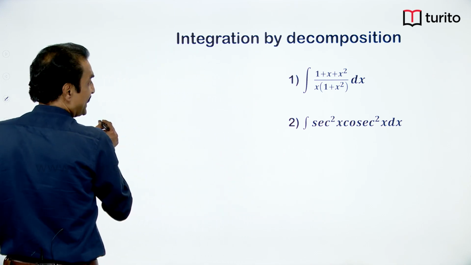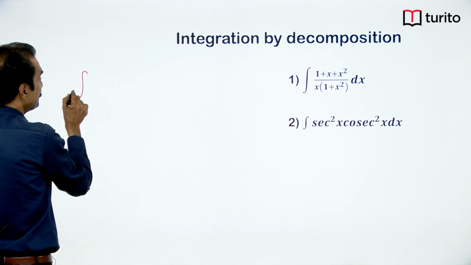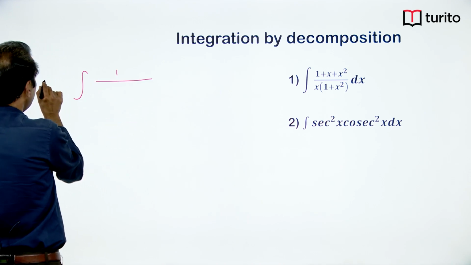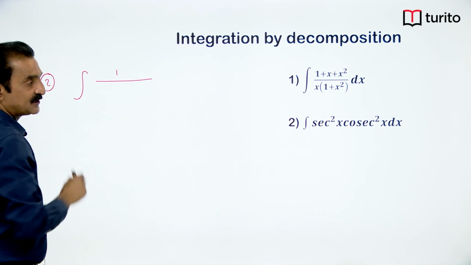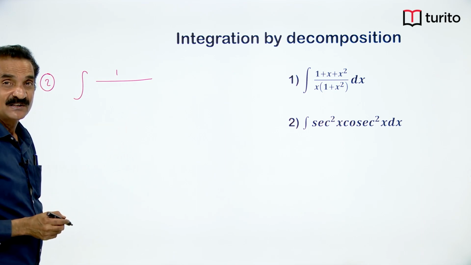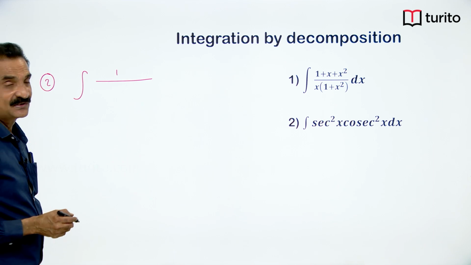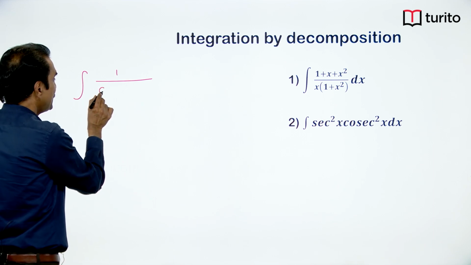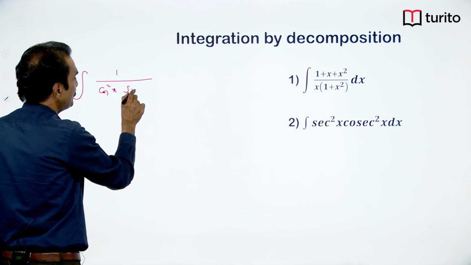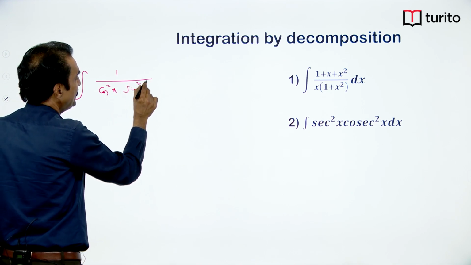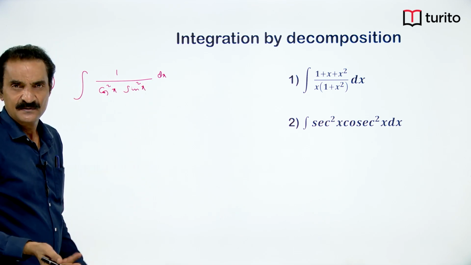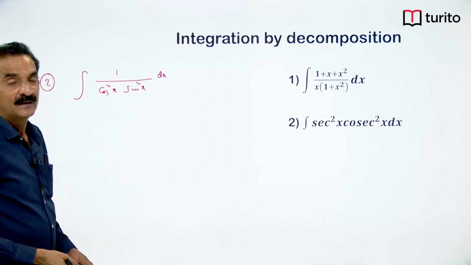So, we have to decompose this using the formula of trigonometry. Secant square x is 1 by cos square x, cosecant square x is 1 by sin square x. So, we write it as 1 by cos square x into sin square x. This is a very simple formula in trigonometry.